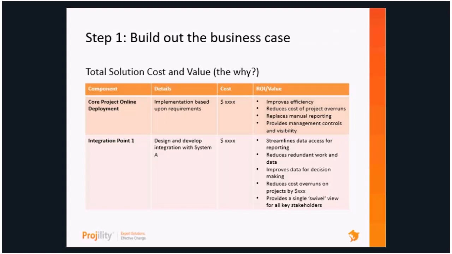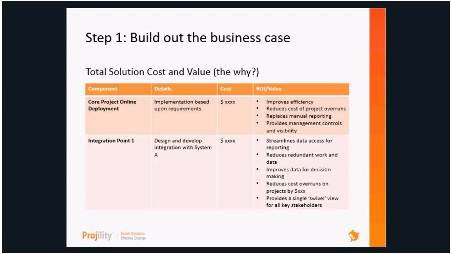When you start lining up the integration points, you're going to break each one out individually. You're going to detail the design and development of that integration. You're going to start talking about what the effort and cost is going to be, people and dollars wise. And then you want to start mapping out what's the value of that integration. Streamlining data access for reporting is a very, very typical one. Reducing redundant work and data, not having to go to two different systems, making sure you have consistent data across those systems to drive decision making.